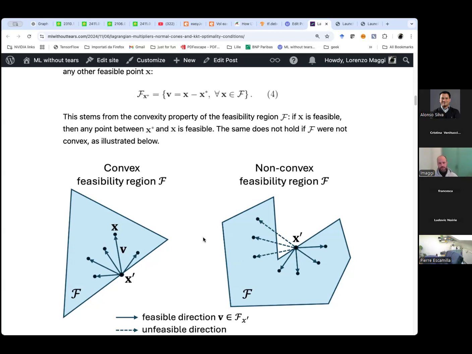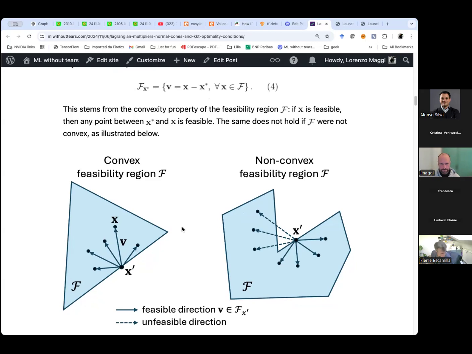A convex set is a set such that if you take two points, any point in between these two points is in the feasible set. So these feasible directions are defined quite easily like that: the set of displacements such that they bring you to any other point in the feasible region.